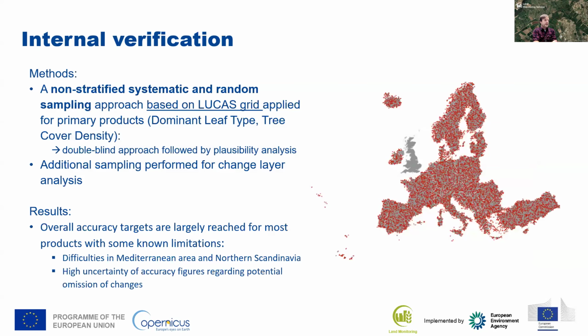And this verification is done based on a non-stratified, systematic, and random sampling approach based on a LUCAS grid for the primary products, so for the dominant leaf type and the tree cover density. And for the verification of the change layer, there is an additional sampling performed to get statistically robust numbers and a decent amount of actual change samples.